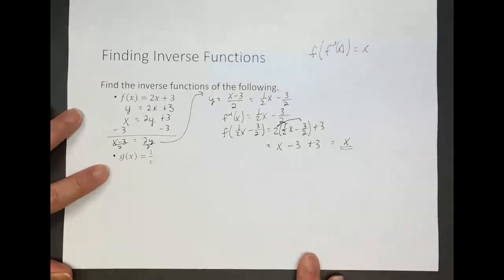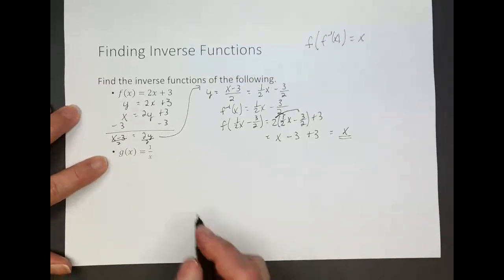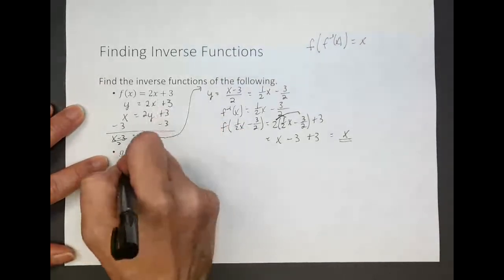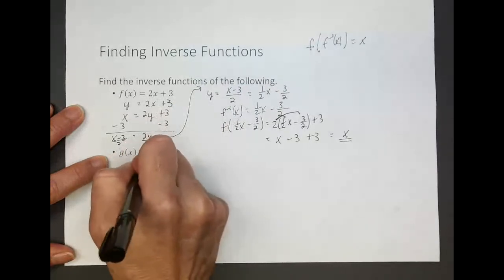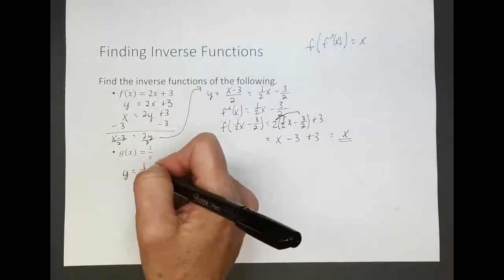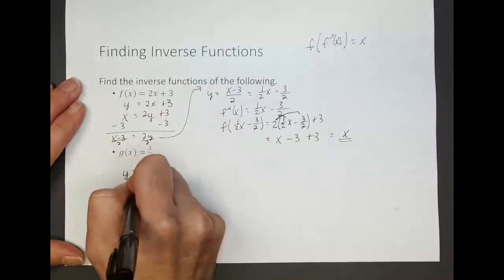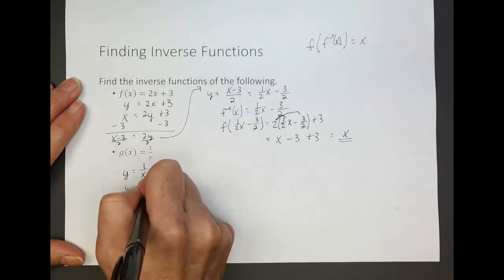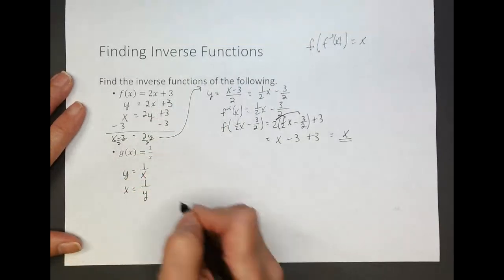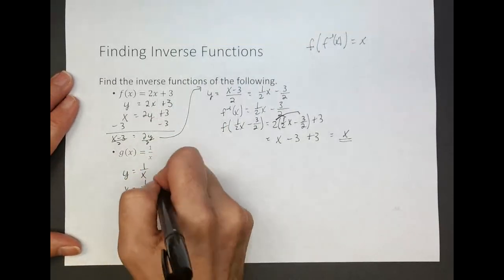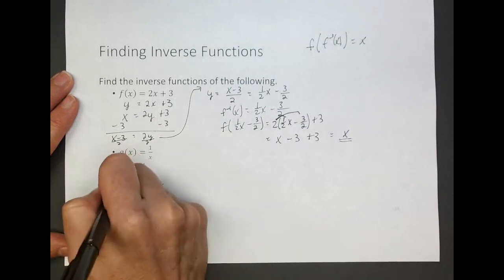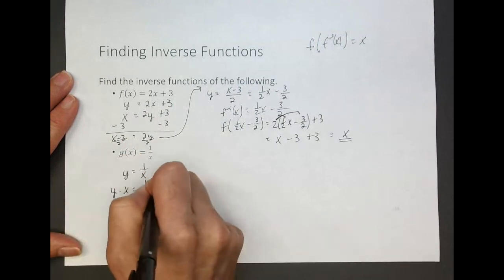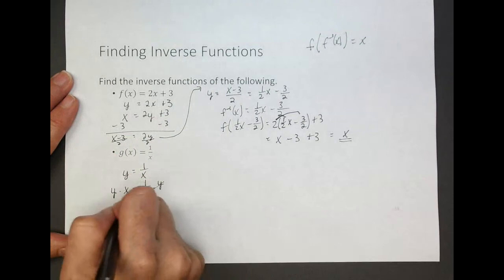Let's try it again. Look at g of x, 1 over x. Let's find the inverse first. Let's make an equation. y equals 1 over x. Swap the x and y. x equals 1 over y. Solve for y. I think I want to multiply both sides by y, so I'll get it out of the denominator.